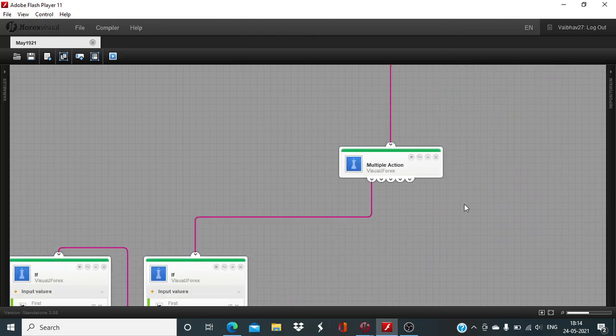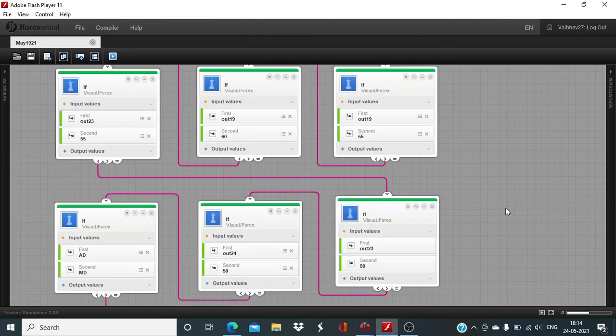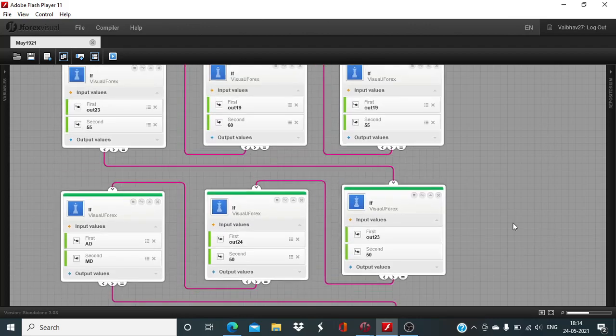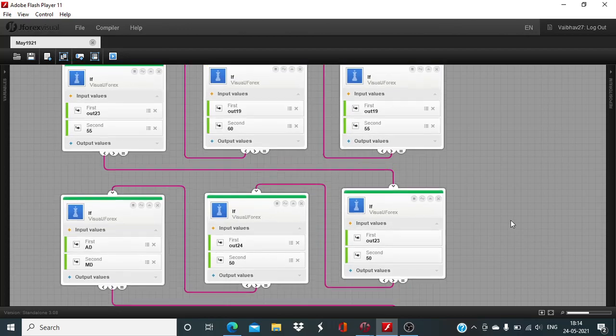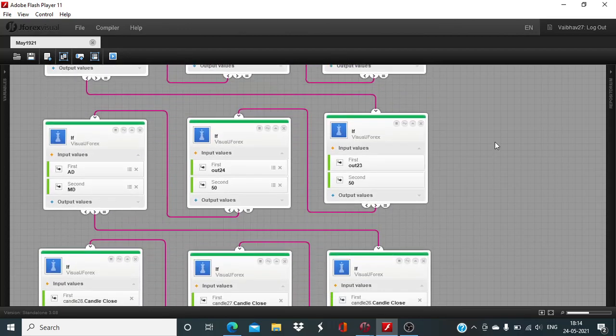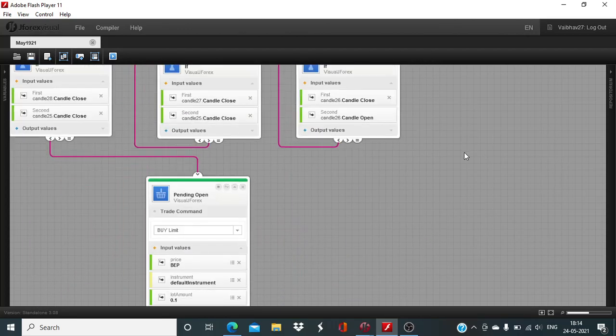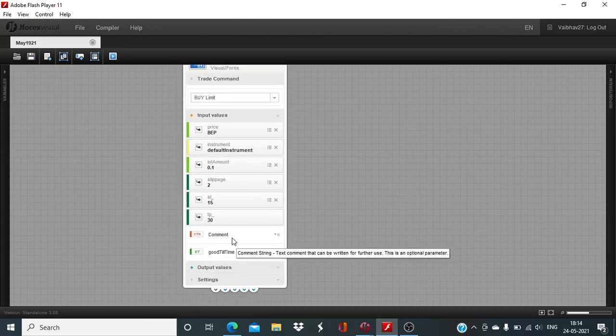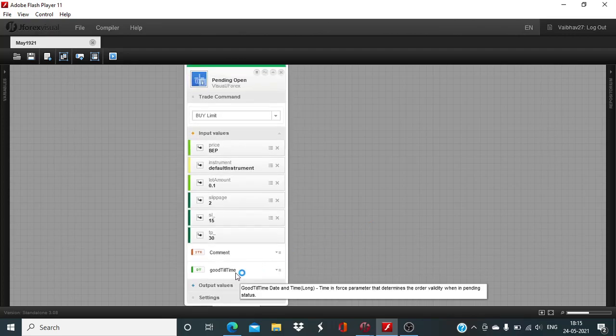The lower side, this setup is ready for the execution of the buy trade, and one variable needs to be defined here, for the 1 hour order validity, which will be done in this session.